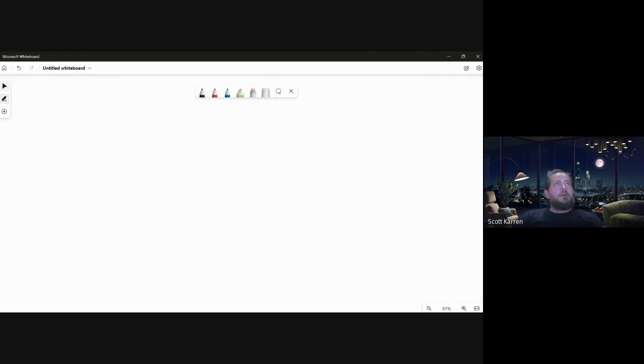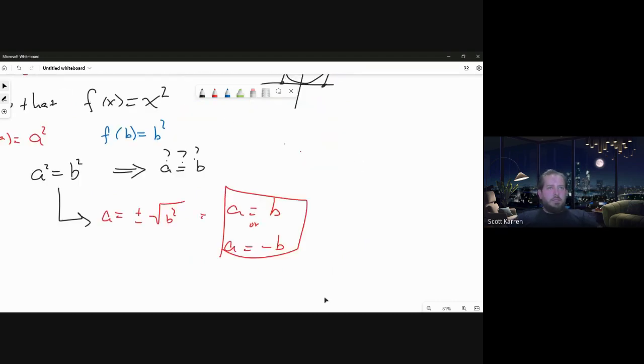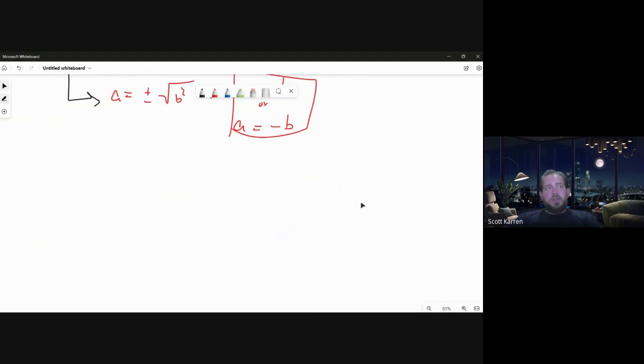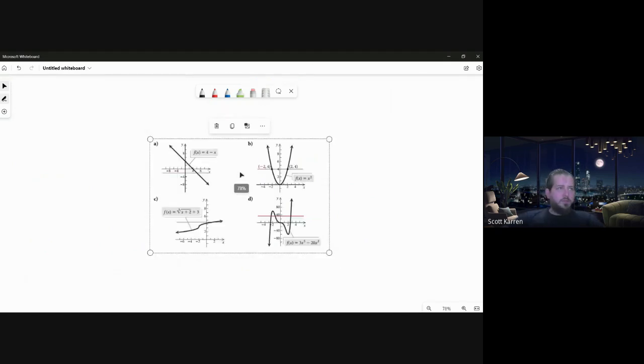All right. As indicated right here, there's a way that we can tell if we're looking at the graph of something. I'm going to grab this picture here real quick, plop it right there.